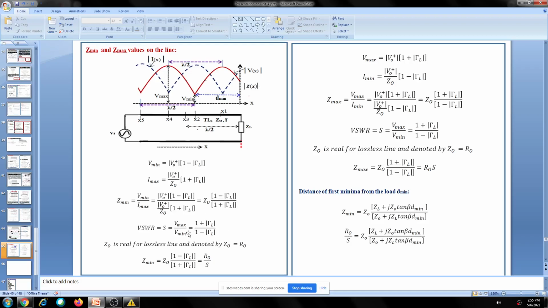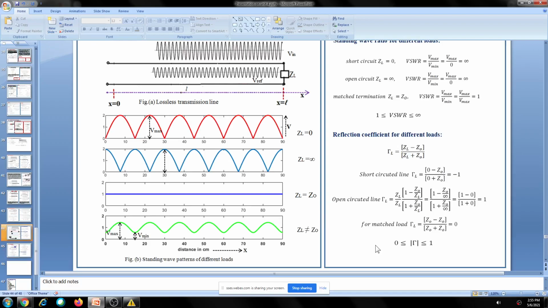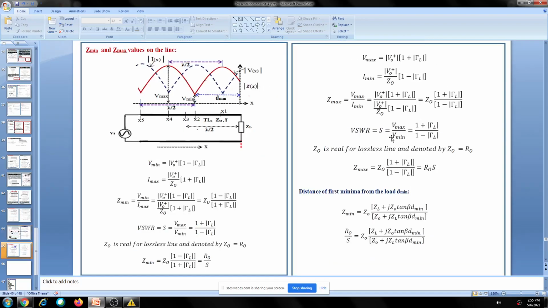So now this 1 plus 2L, Z naught is there, and you know VSWR is given by this equation we saw here. VSWR, reflection coefficient, V maxima divided by V minimum. Now here in this Z minimum equation, what is this?